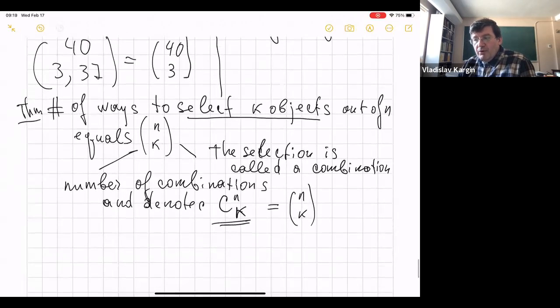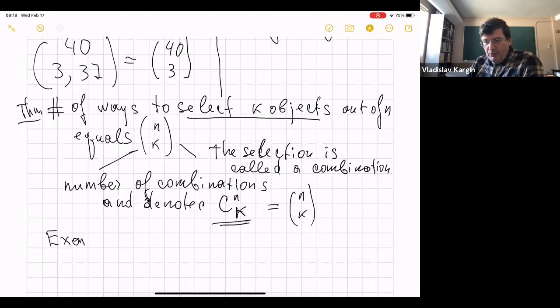Okay, so this almost covers the combinatorics. One important thing: we will not use it so frequently. It was solving problems which came from the times of Laplace. But one example when it's useful is our previous example.